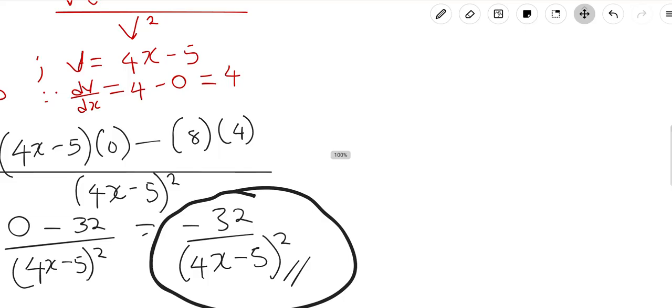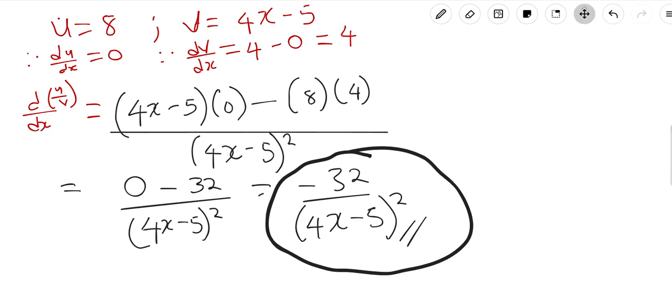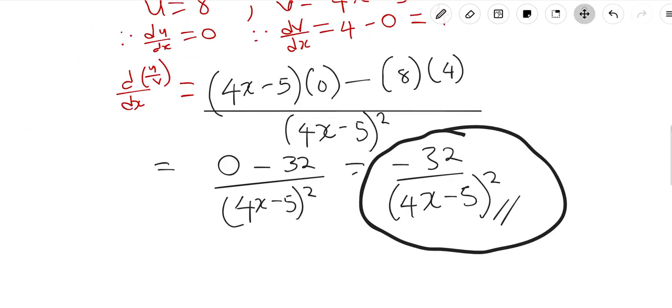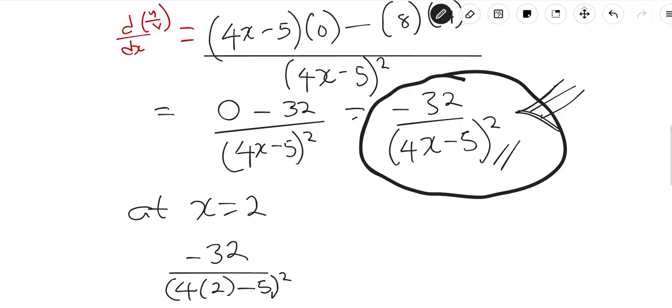So what we just need to do here is to substitute the value of x is equal to 2. So at x is equal to 2, we have negative 32, by substituting into this value over there, so we're going to have minus 32 over 4 into 2 minus 5 all squared.